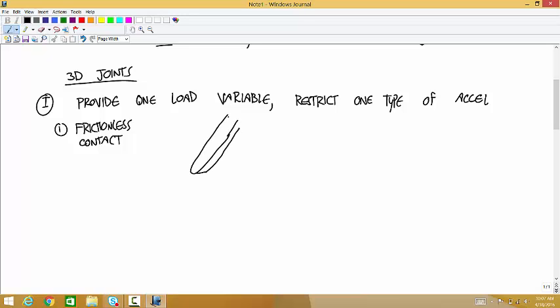So if you have a body like that, that's just supposed to be sort of a 3D view of this slender member in contact with the ground, and that contact, if it's frictionless, the free body diagram looks like this. That is a force perpendicular to the surface.